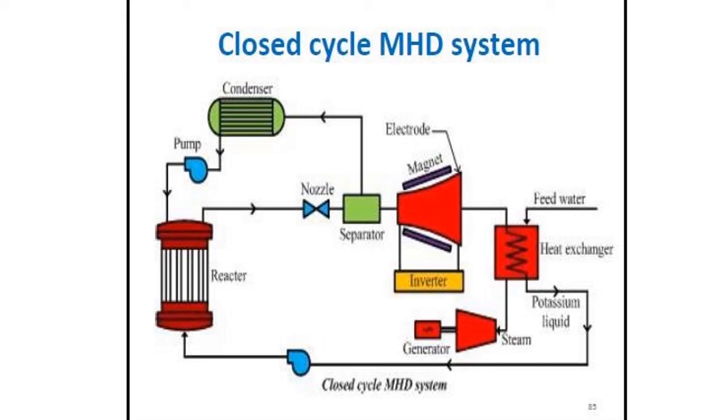The liquid metal with high velocity is passed through the MHD generator to produce the DC power. Here you can see the DC power, and again using an inverter we are getting electricity, AC power. And also the hot gases which are expelled, using a heat exchanger or the steam generator, we can again generate electricity.